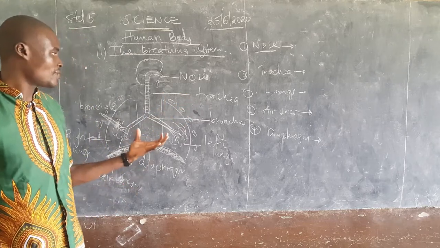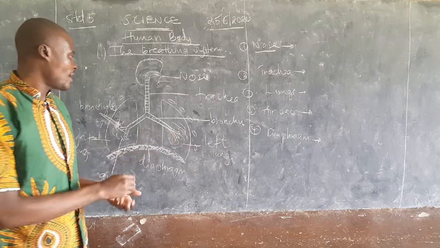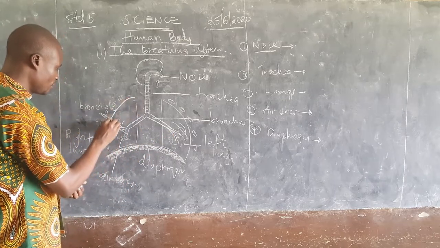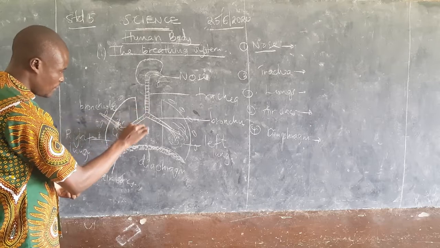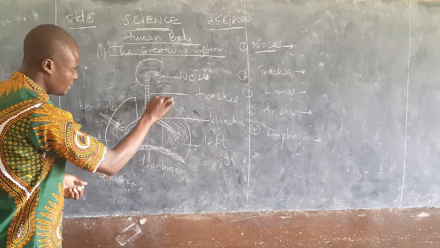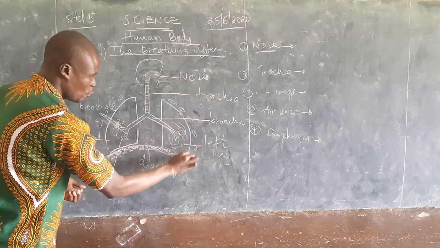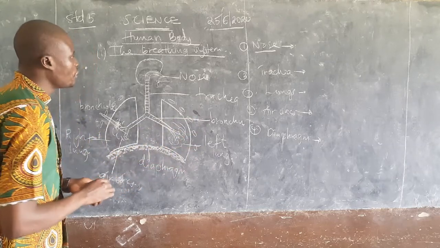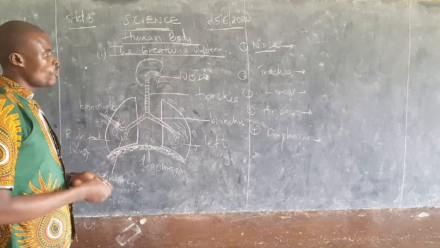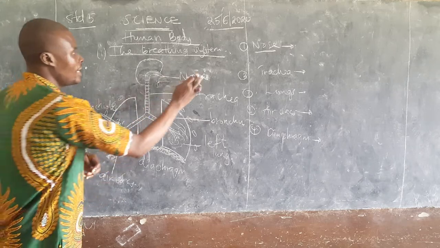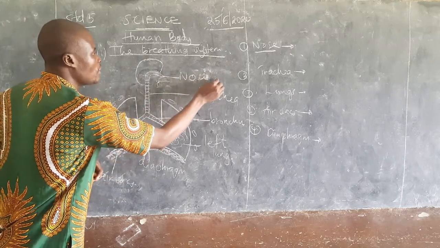We need to know the parts, of which I've just drawn a very nice picture here of the system. And you can easily see how these parts are. If you can remember them, we learned how to draw them, and we drew it beginning from the nose. When we inhale oxygen, here we deal with oxygen.